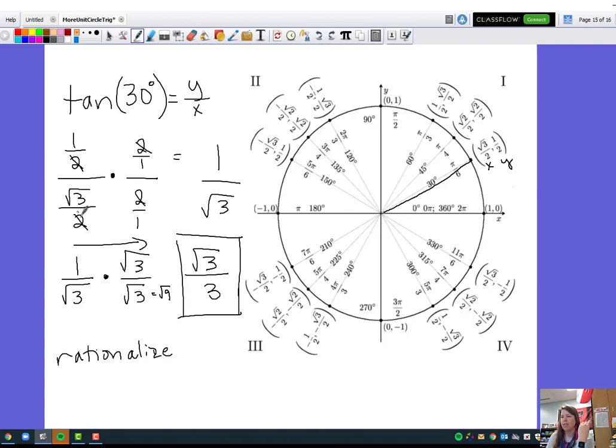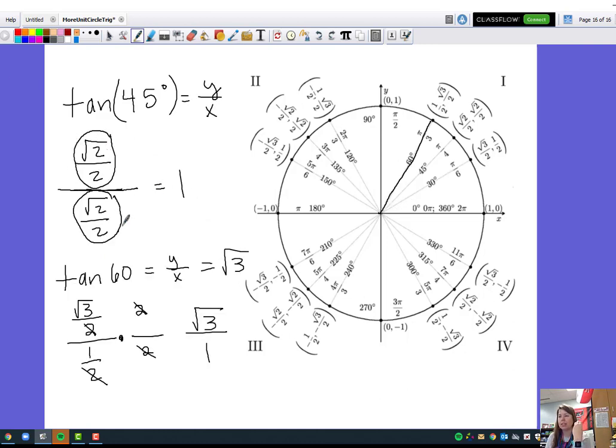So if you have 1/2 over square root 3 over 2, it's always going to simplify to the square root of 3 over 3. Anytime you have square root 2 over 2 divided by square root 2 over 2, same number over same number, it's always going to be 1. So whatever you're doing, all of these values have to be one of these that's given.